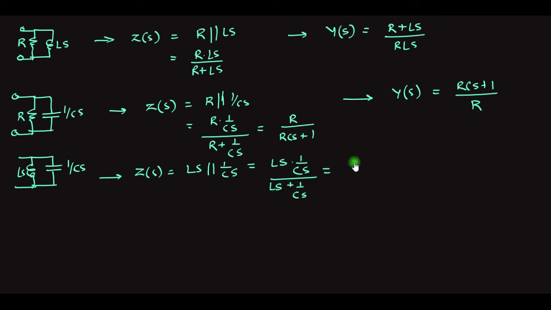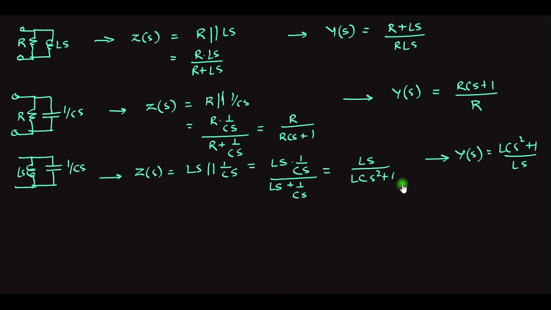On solving, I will get Ls divided by LCs square plus 1. Similarly, its driving point admittance would be (LCs square plus 1) divided by Ls.